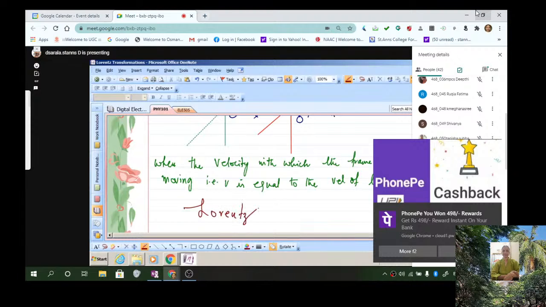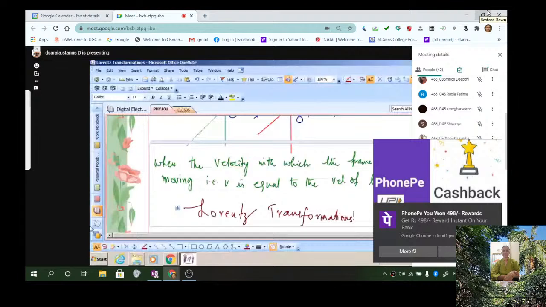Lorentz is a scientist, so the transformations are named after him, and we call them Lorentz transformation equations.